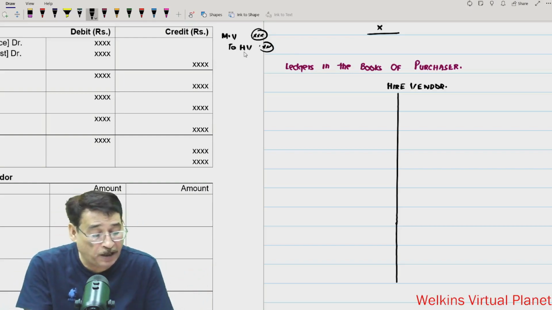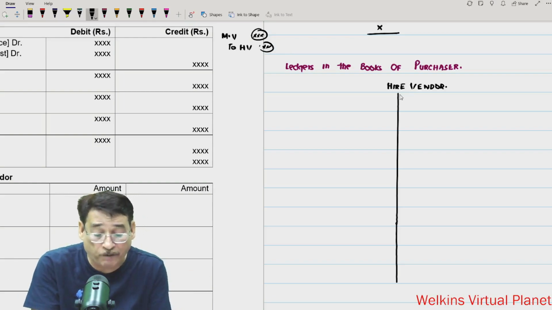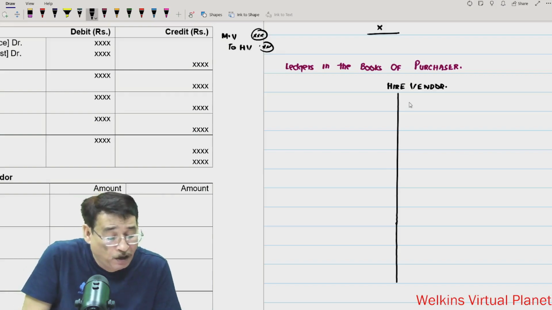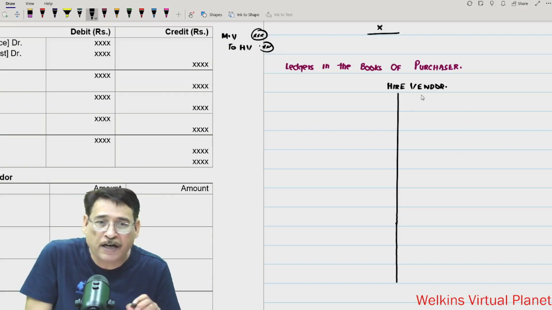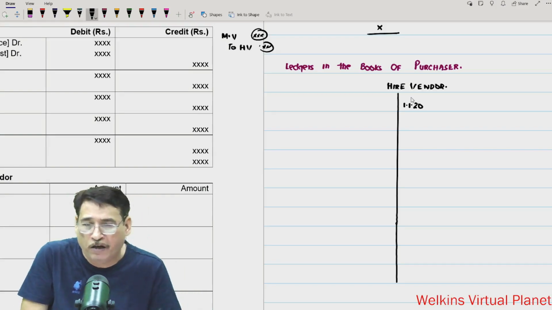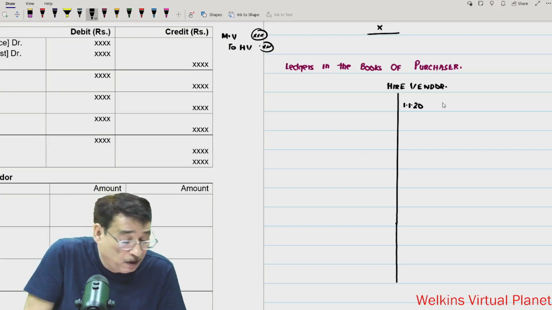Because in the entry I have written motor vehicle to hire vendor, that means hire vendor account is getting credited. So I will go over to the credit side of the hire vendor account. I will mention the date, that is 1/1/2020, the day on which we bought the asset. So I am going to write here by asset account or simply by motor vehicle account.